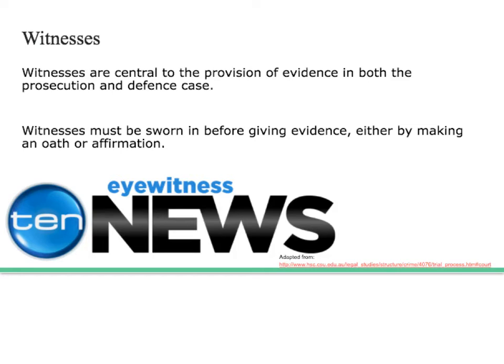Now, witnesses are called by both the prosecution and the defense, and these people can be subpoenaed by the police to appear in court at a later date. Because we are in the adversary system, witnesses will be examined and then cross-examined by both sides.